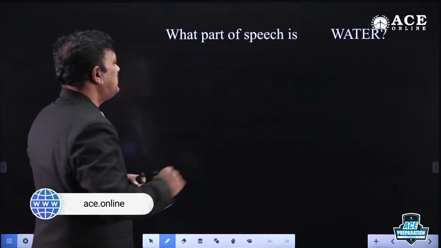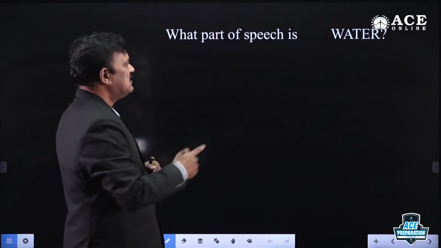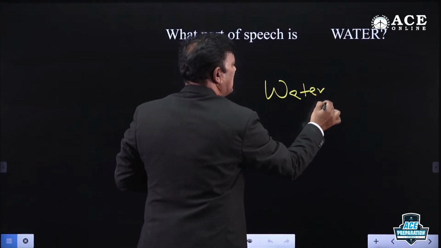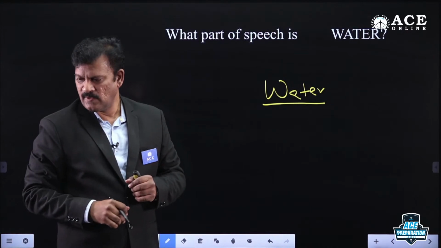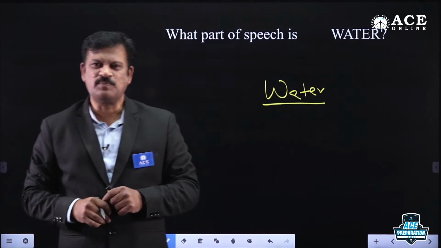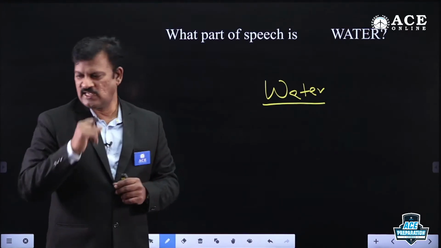Guys, after knowing the definitions and phrases, now I am asking you to look at a single word. Suppose I straight away gave you this word and asked you to tell me what part of speech this is. Just give me your answers. I'll see.